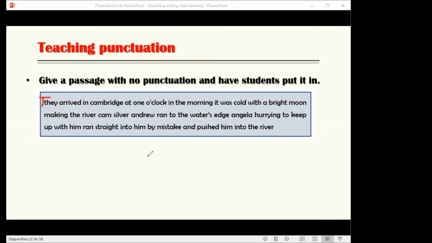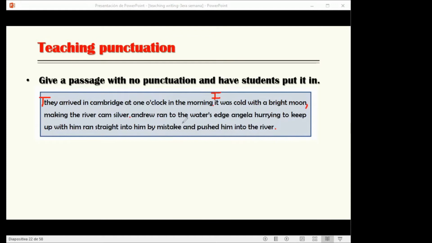They arrived in Cambridge at 1 o'clock in the morning. Yeah, a period, a full stop. Teacher, again, capital letter here. It was cold with a bright moon, comma, making the river come silver. Period. And at the end, a full stop.